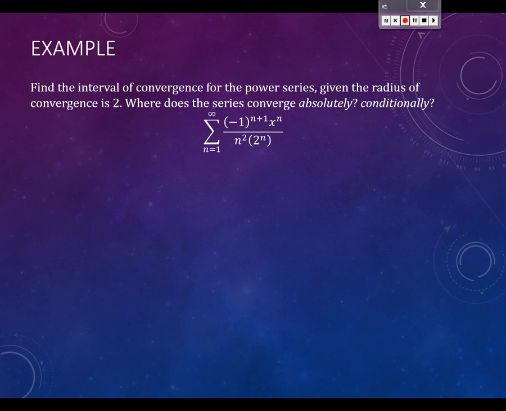Here we go. Don't rush it. We get -1 to the n+1 times -1 to the n over n squared. We can do more there maybe. Here we get the sum from n equals 1 to infinity of just -1 to the n+1 over n squared.